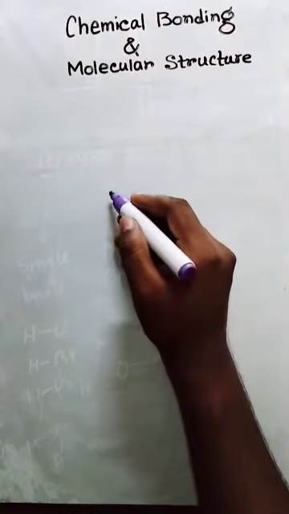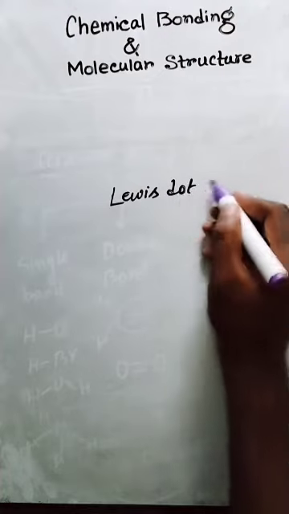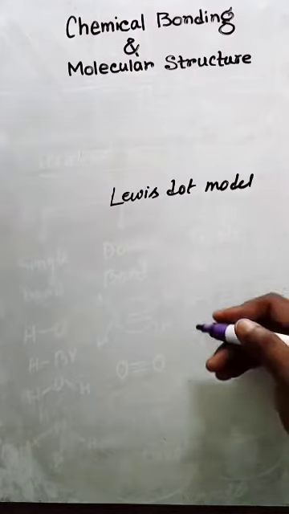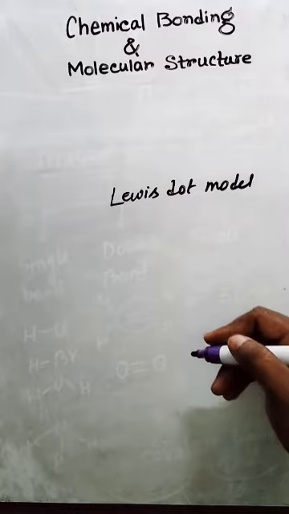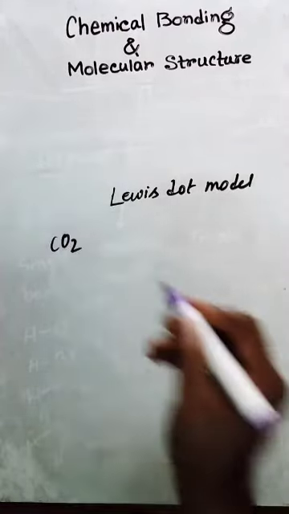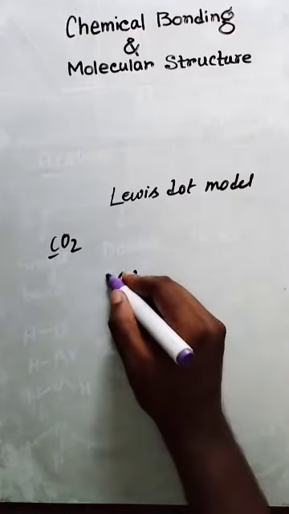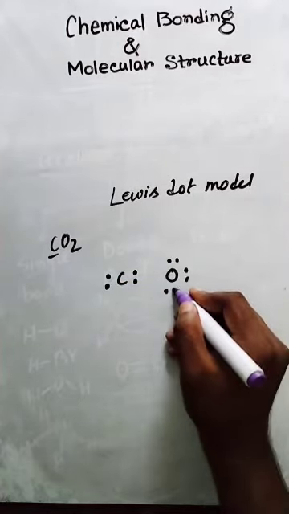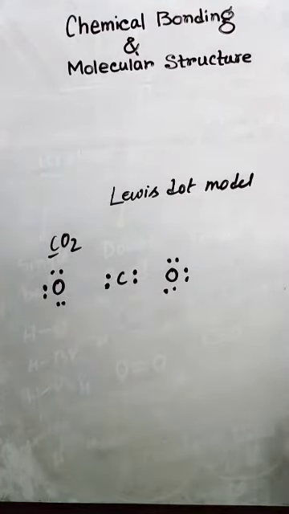With the help of the Lewis dot model, we can easily identify the number of bonds in a covalent molecule. For example, carbon dioxide. In carbon dioxide, carbon has 4 valence electrons and oxygen has 6 valence electrons. So this is the Lewis dot structure.